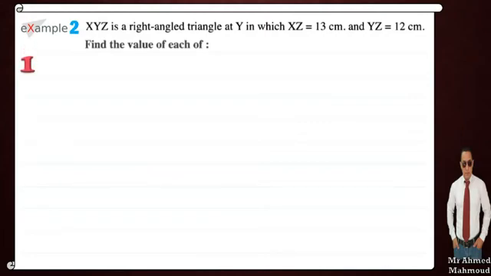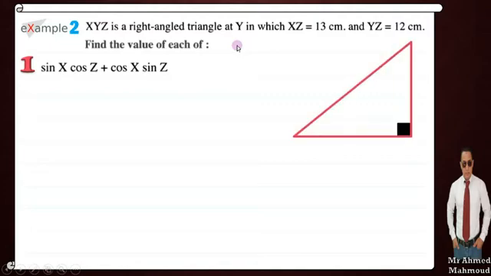Okay, now XYZ is a right angle triangle. In this one we are going to draw by ourselves. We have here XYZ is right angle triangle at Y. Then I'm going to draw a right angle triangle, and the right angle I will call Y, like this.